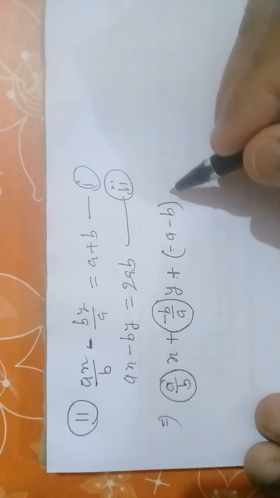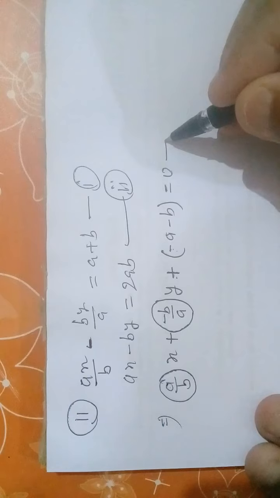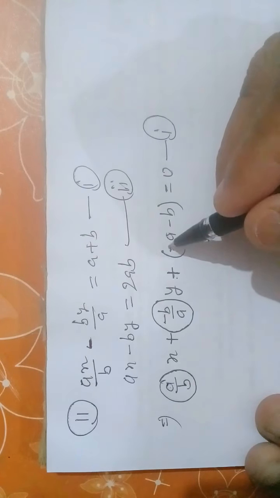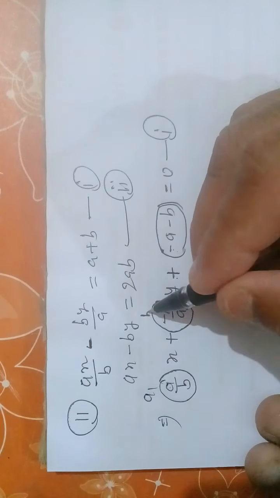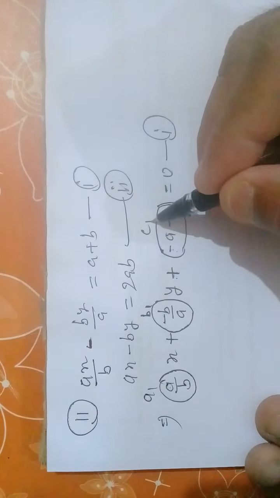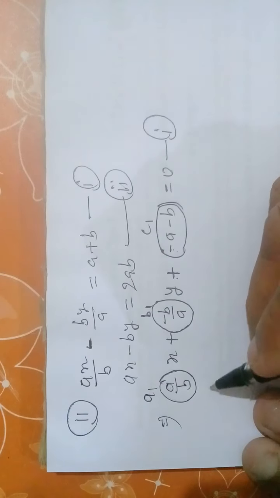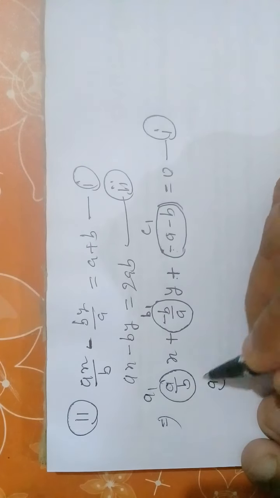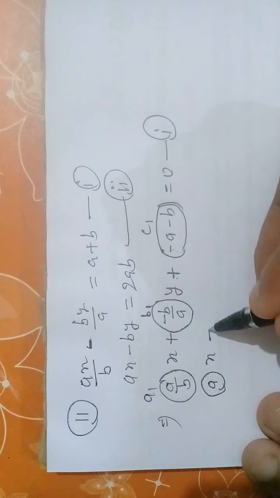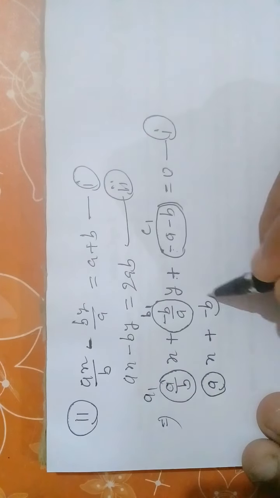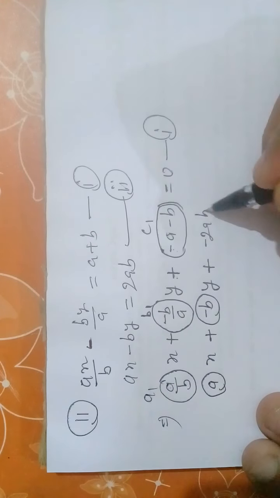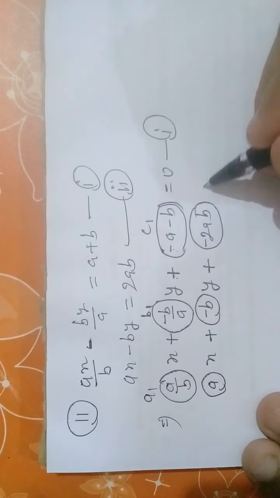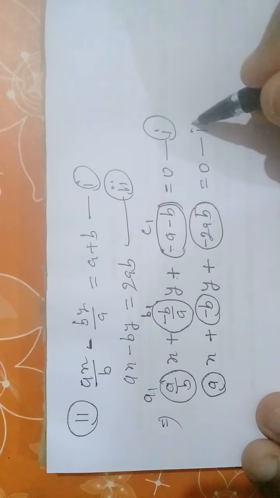We can write this is equal to 0, equation 1. These are the values of a1, b1, c1. Similarly in equation 2, ax plus minus by plus minus 2ab is equal to 0, equation 2.